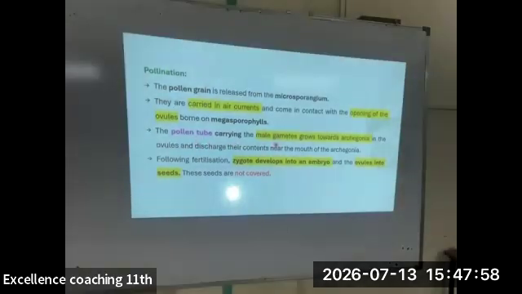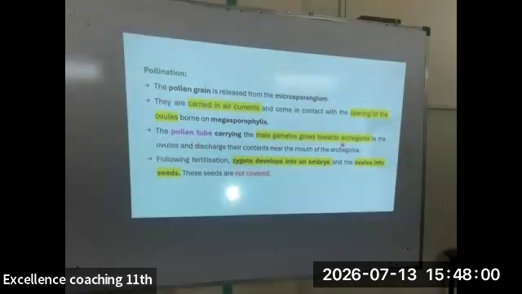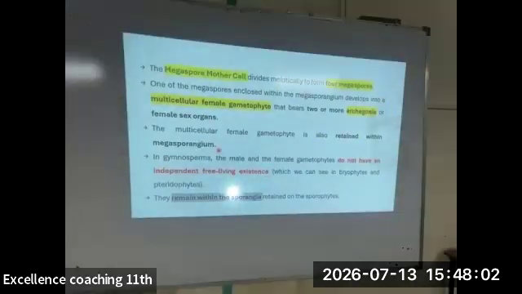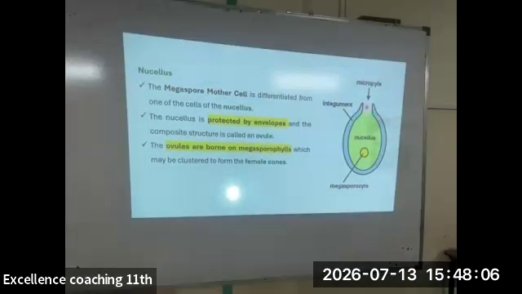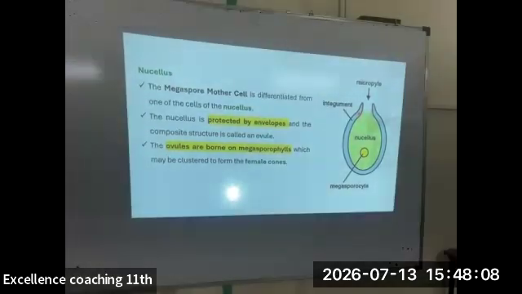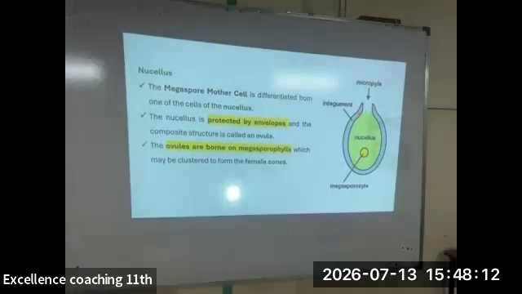Then the pollen tube carries the male gamete towards the archegonia. So now what will happen? Here the pollen grain will come and sit. What do you have inside the pollen grain? Inside the pollen grain there are sperms present. Okay. So what will happen? It will create something called a pollen tube.